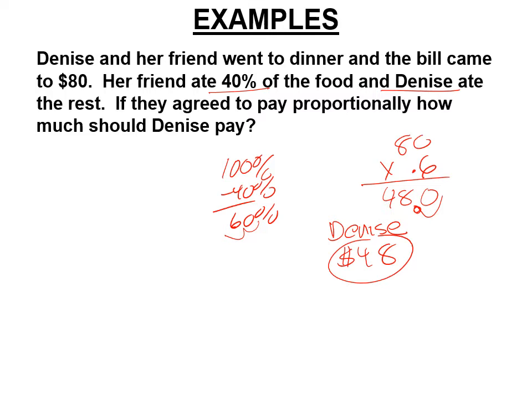And the friend, you could do hers as 80 minus 48, or you could do 80 times 0.4. They should get the same answer. But I didn't ask that. I asked what Denise should pay. So she should pay 60% of the bill.